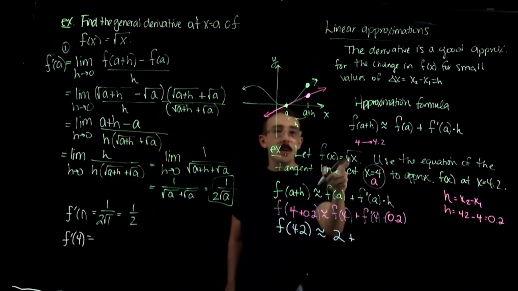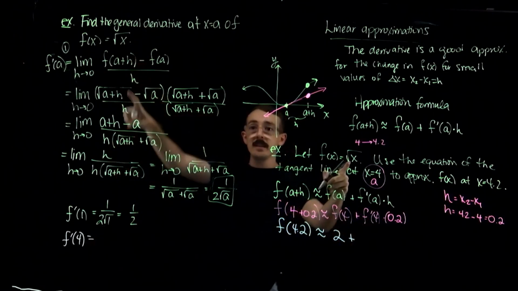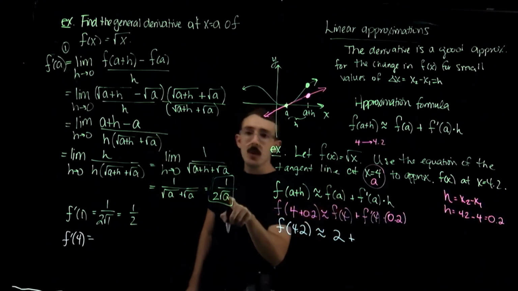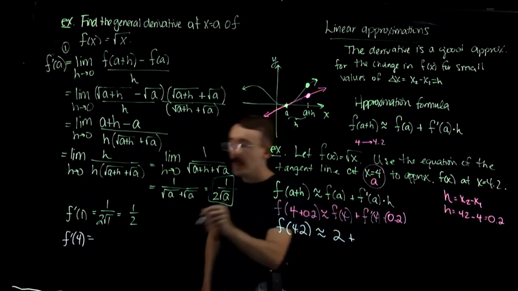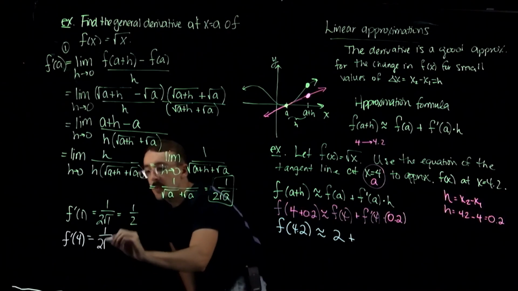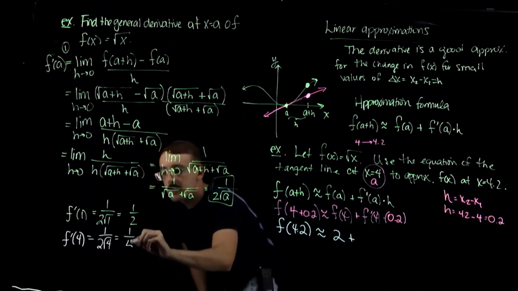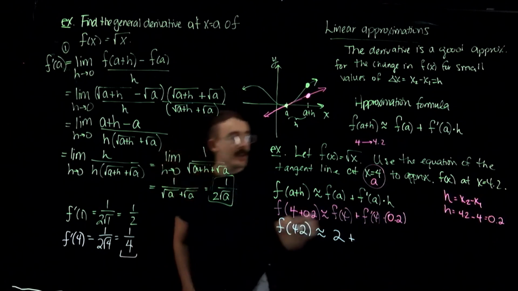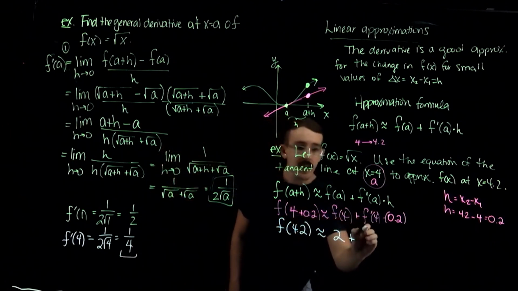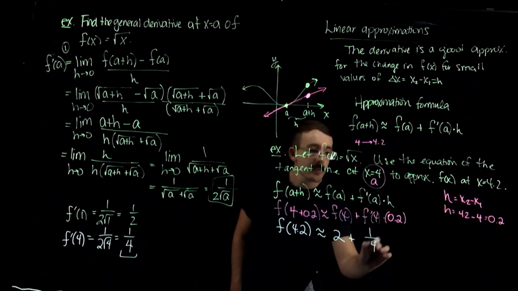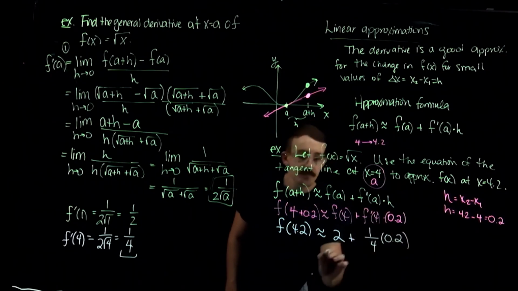The derivative of the square root function, we calculated it. You want to plug in 4 into our answer we got right here. It'll be 1 over 2 root 4, which is 1 over 2 times 2, which is 1/4. So we use the last problem, and we know that this is 1/4 times 0.2.